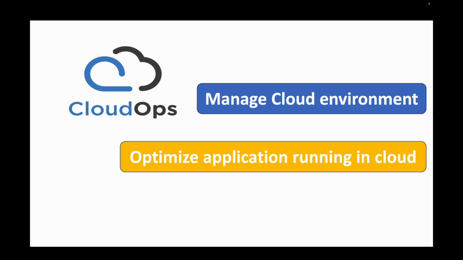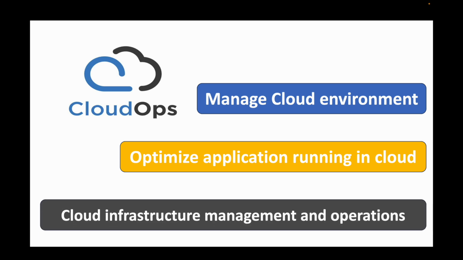Now, while DevOps is focused on the overall development to delivery pipeline, as a CloudOps engineer, you will be working on the cloud infrastructure and the operations on the cloud environment. So you will be completely responsible for the cloud infrastructure, be it scaling, be it monitoring, be it ensuring high availability. A CloudOps engineer would be responsible for that.